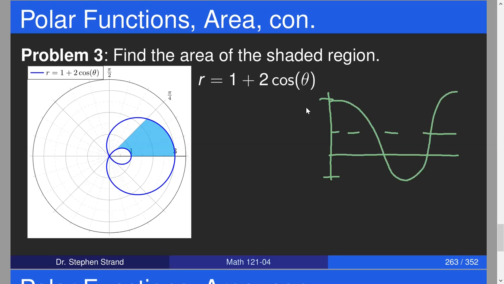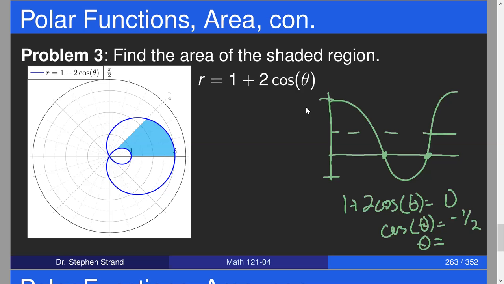We're interested in these points. So that's going to be when 1 plus 2 cos theta is 0, which is when cos theta is equal to -1/2, which we figured out last time happens at 2 pi over 3 is the first time.